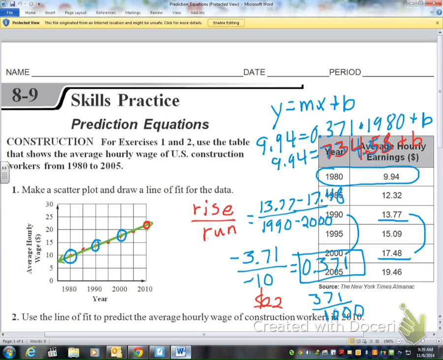So to find out what b is, I need to subtract 734.58 from both sides. And of course, 9.94 minus that gives me negative 724.64.